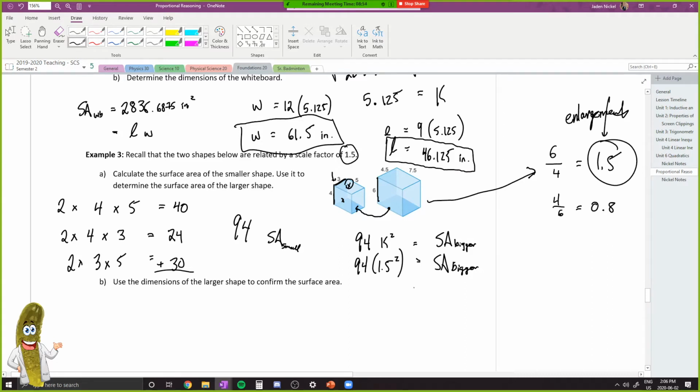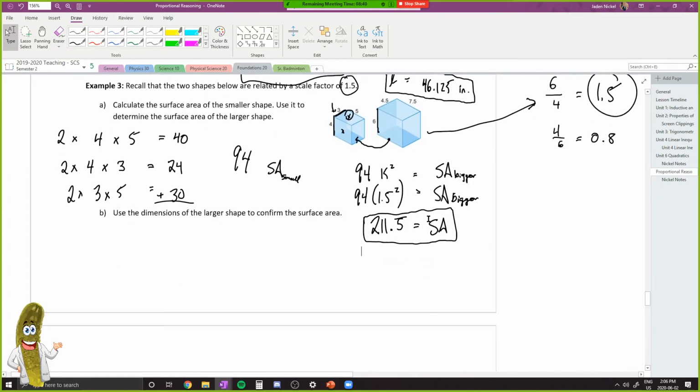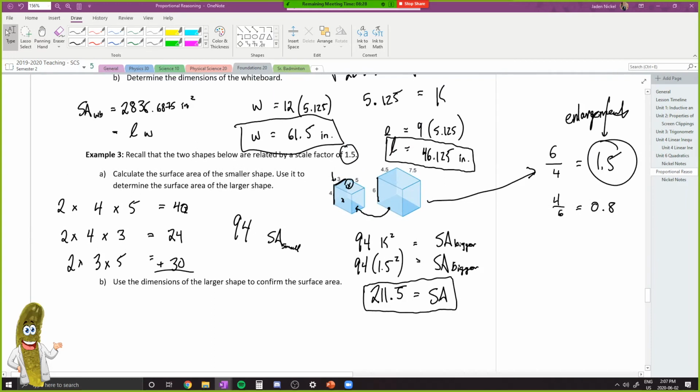When you do so, you get a surface area equal to 211.5. So that's using the scale factor there to figure that out. Part B here says use the dimensions of the larger shape and just confirm the surface area. So what part B wants us to do is redo all of this stuff that we had previously done.